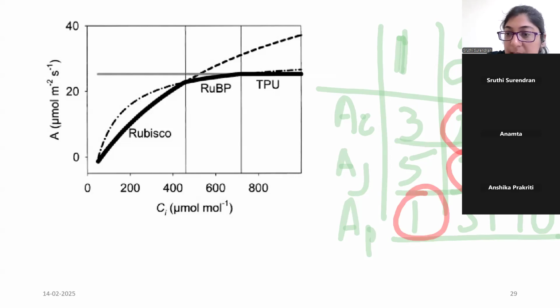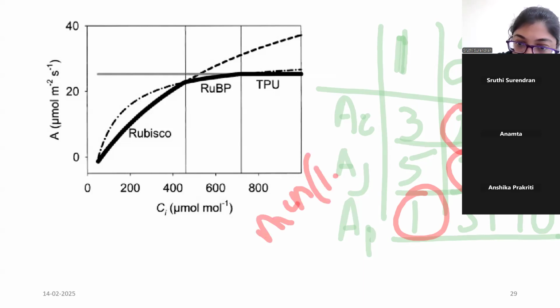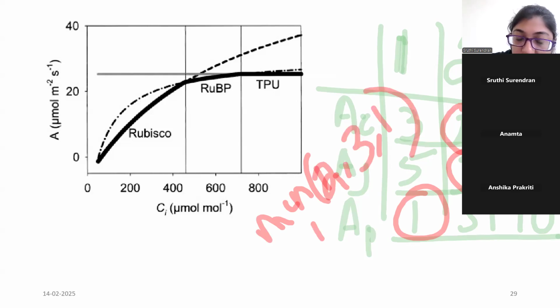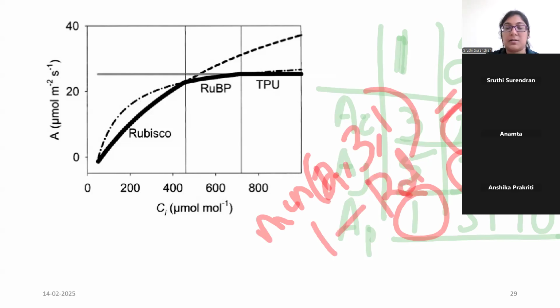So the minimum of these 3 values is 1. The minimum of 2, 3 and 1 is again 1. So this value minus the RD value will give us the net assimilation rate. This is just in very simplistic terms, trying to indicate how we will be using the values.